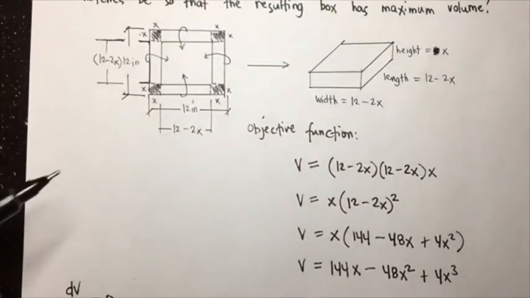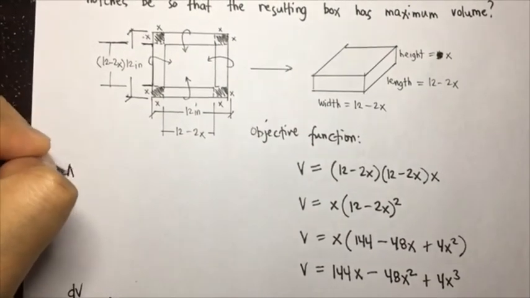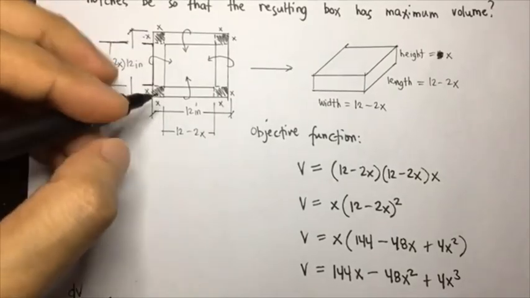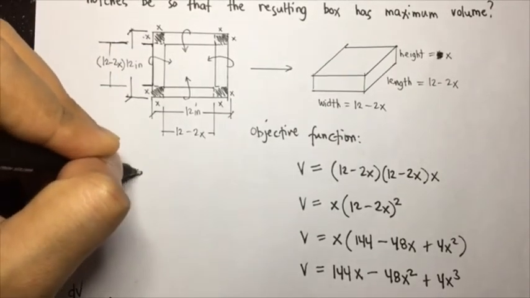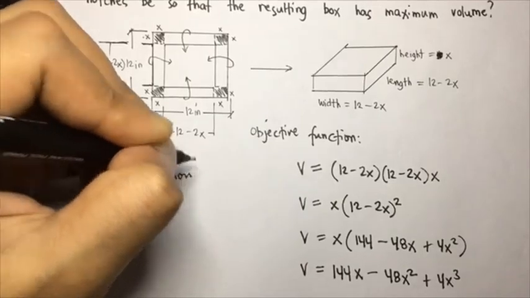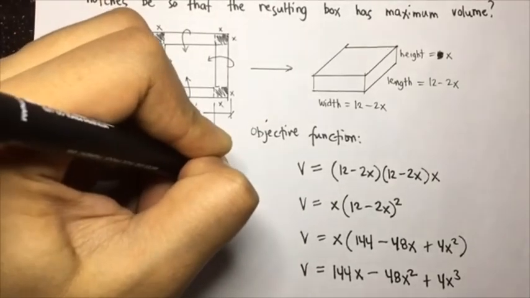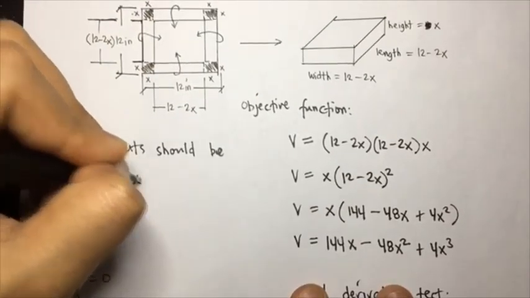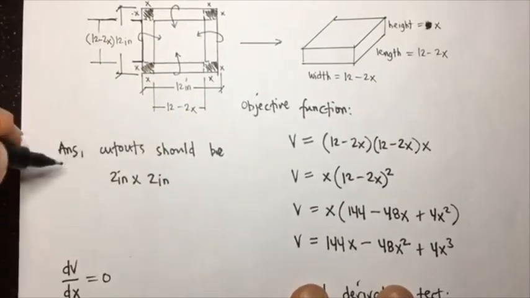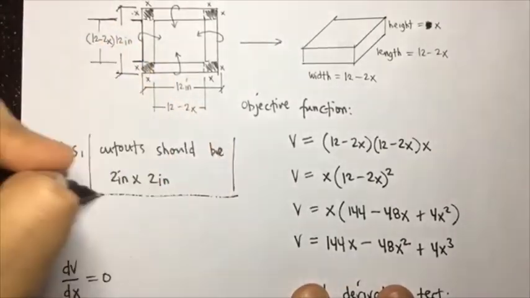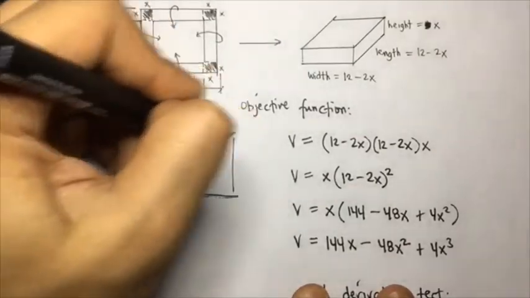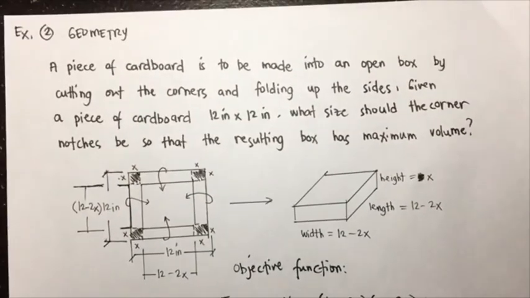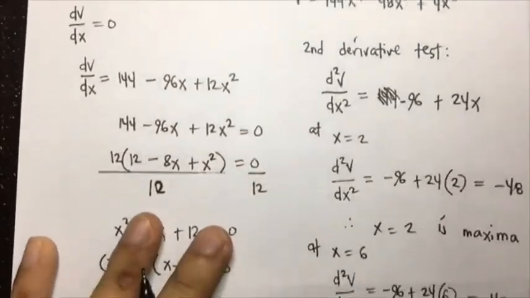We're not asked to solve for the volume, so the answer is the cutouts should be 2 inches by 2 inches. So that's it for this problem.